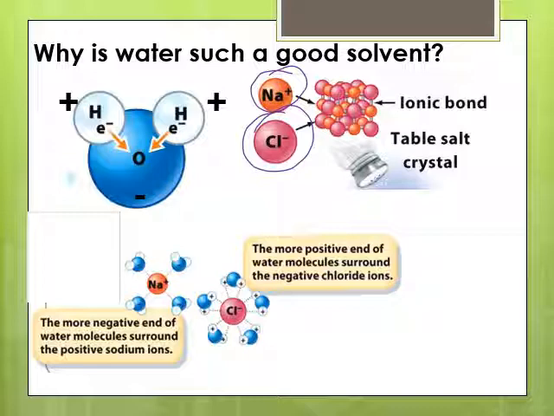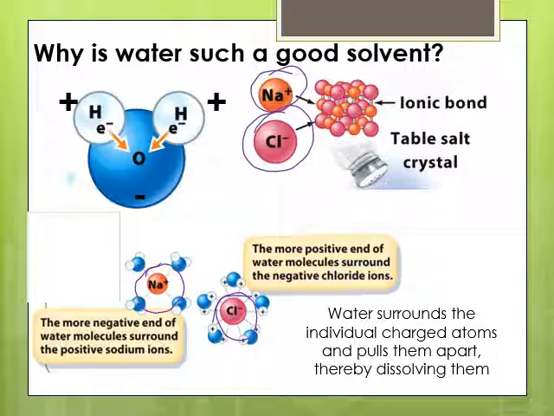And basically what happens is the more negative end of the water molecule surrounds the positive sodium ions, and the more positive end of the water molecule surrounds the negative chloride ions. So when water is surrounding each of these individually charged atoms, it's pulling them apart and actually dissolving them. So again, it's kind of attracting them like a magnet, and that's what we call a polar molecule.